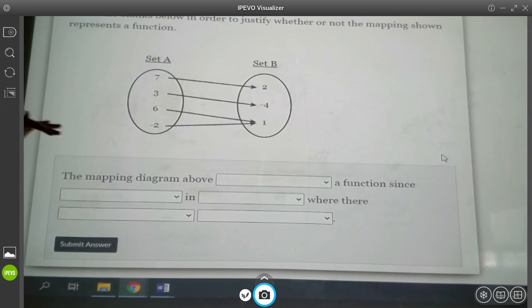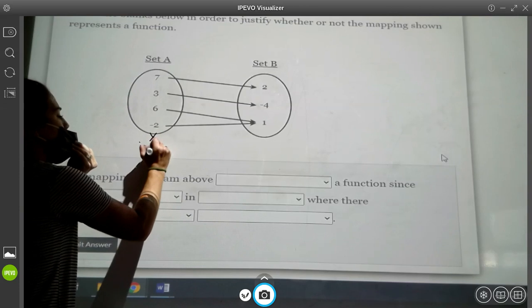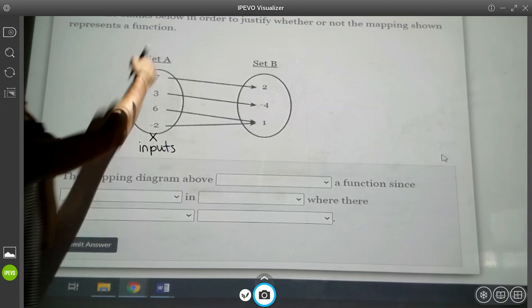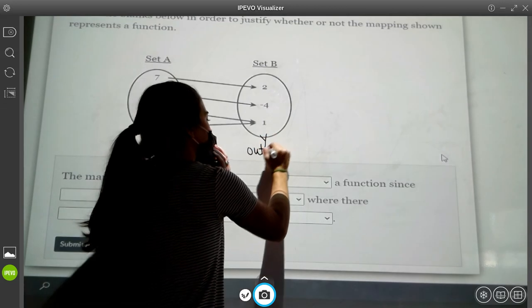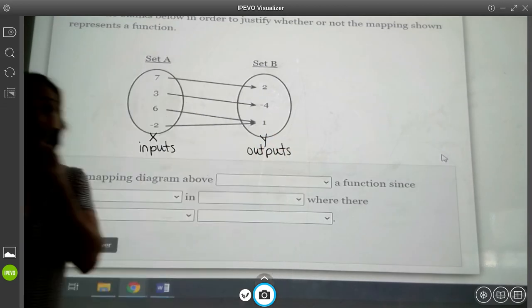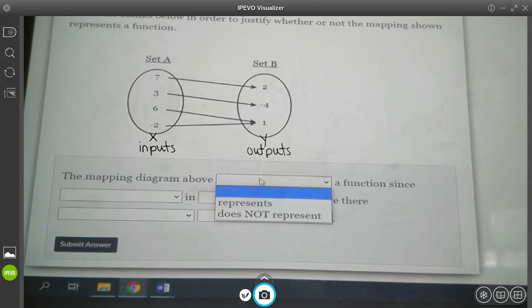All right, so the way they do it in a mapping diagram, it's always the x's or the inputs that are on the left in set A, and then it's always the y values or the outputs that are in set B. So watch this. This is what you're going to have to do to say this is correct. First things first, it's going to say the mapping diagram above represents a function or does not represent a function.